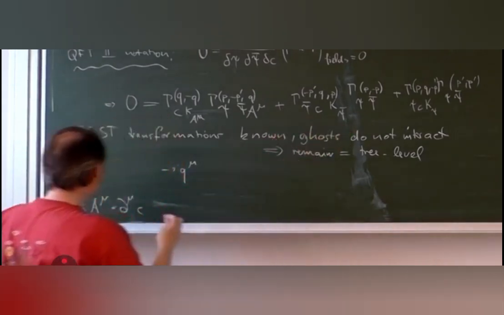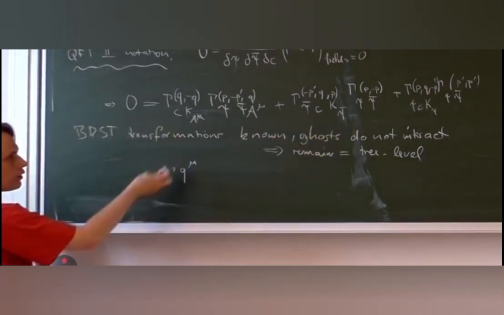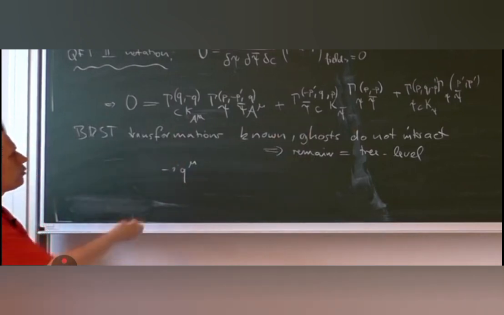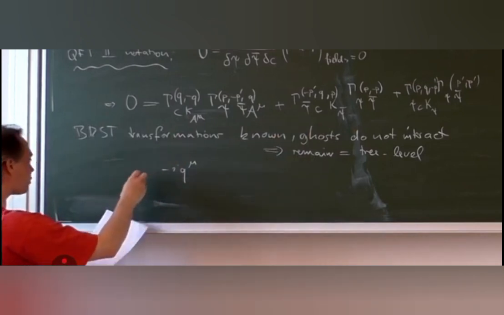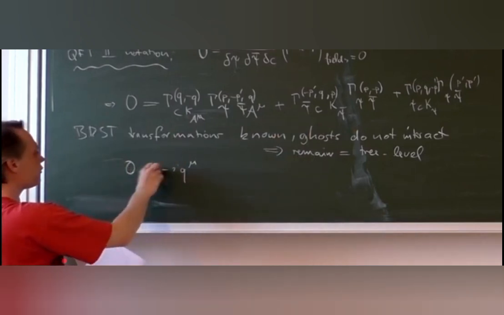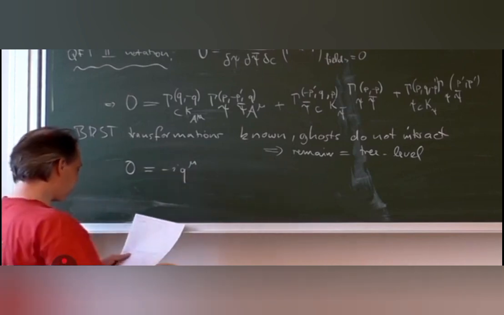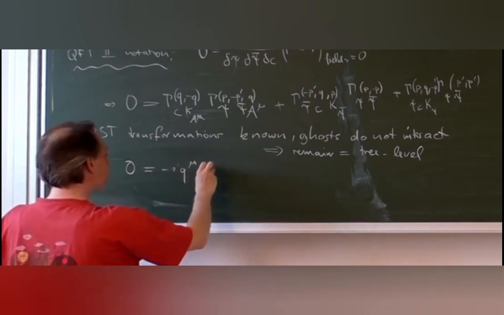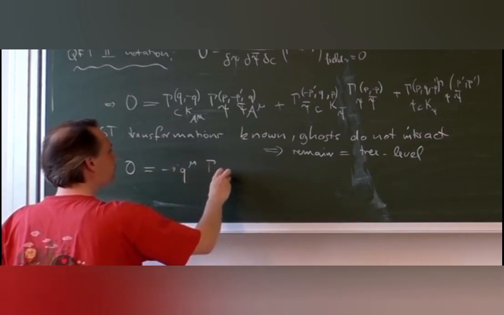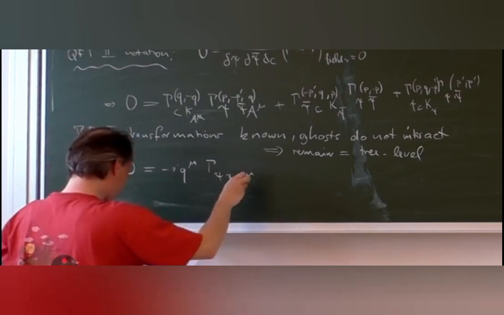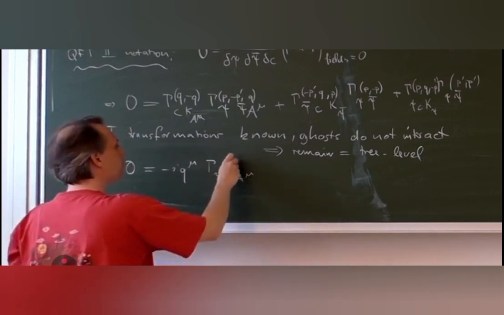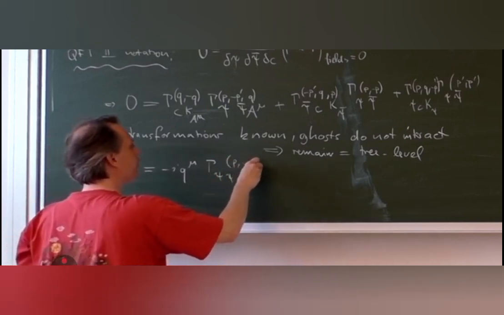Let me not derive this, because it would take knowledge from quantum field theory 2, but quote the result. The result is this: 0 is equal to minus i q mu times this 3-point function psi bar A mu psi with momenta p minus p prime and q.